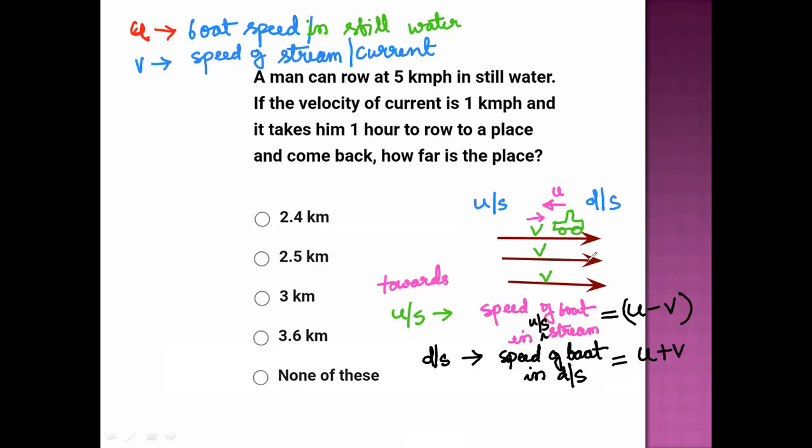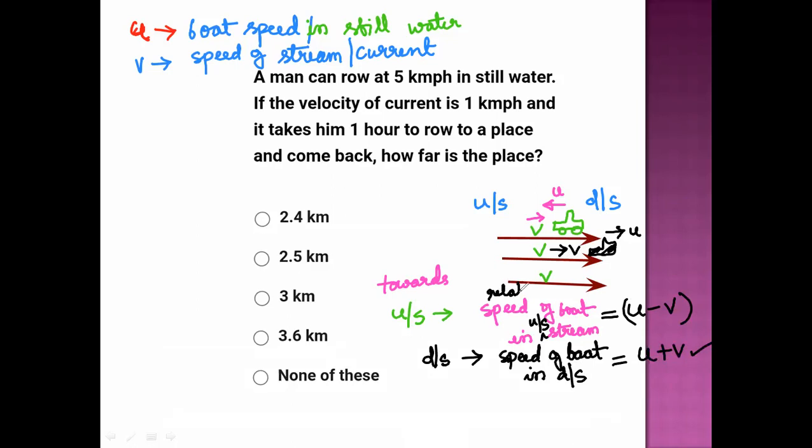Why is it plus? Because when it is moving towards the downstream, the boat has a speed of u in the same direction as the stream. Both add. Therefore, the relative speed of the boat in the downstream will be equal to u plus v.